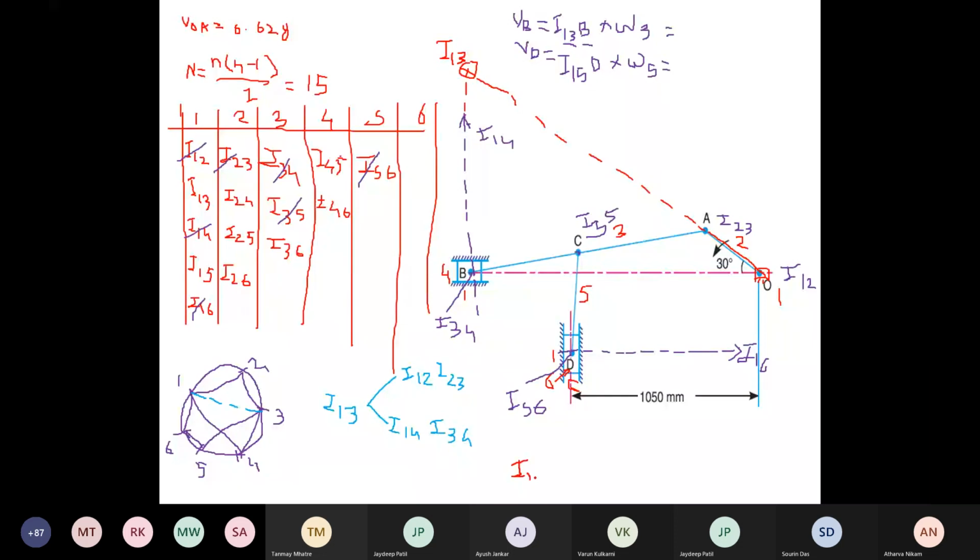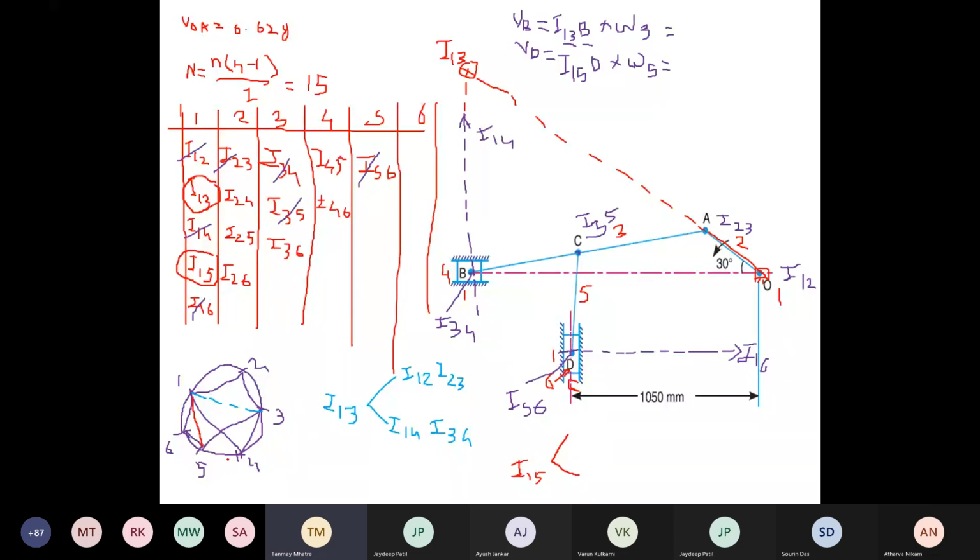Now next you have to find out I15. We only have to find two here, I13 and I15. For I15, which line do you have to join here? Points 1 and 5, correct, this one, the red color. You will get the two adjacent triangles, 1 6 5 and 1 3 5.